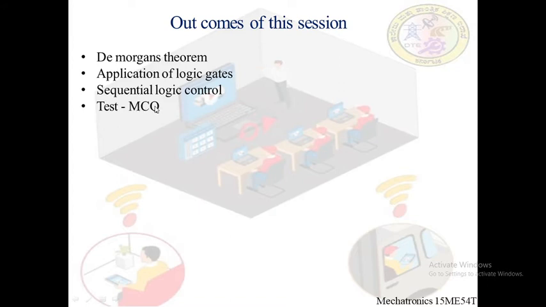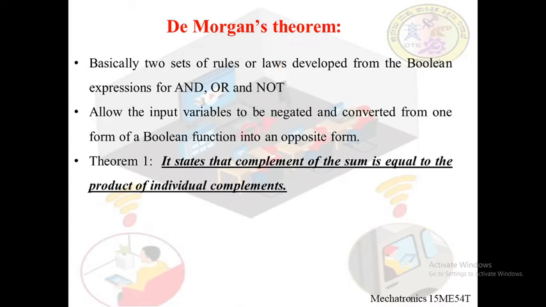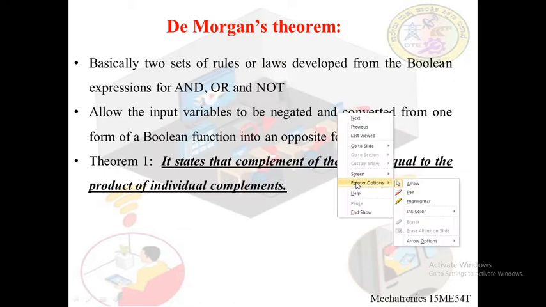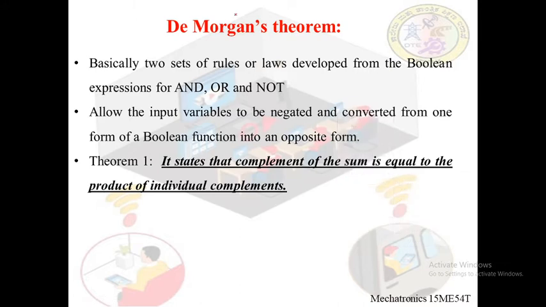Of course, we'll be having a small multiple choice question session before ending this class. So Augustus De Morgan, an English mathematician, developed two laws or theorems. The two sets of rules were developed from the Boolean expressions of AND, OR and NOT.